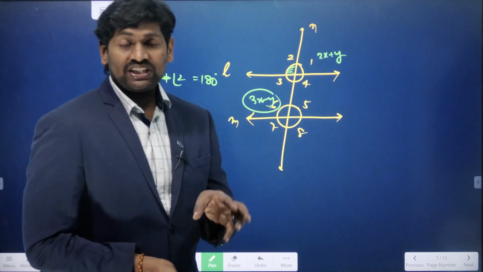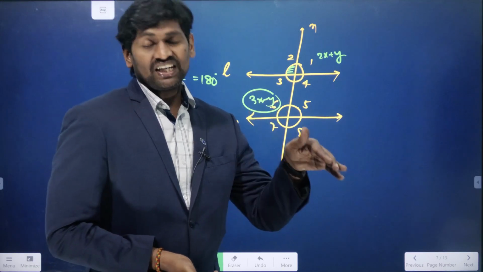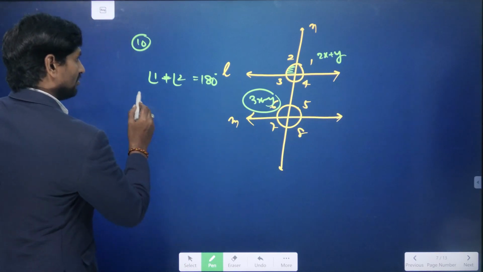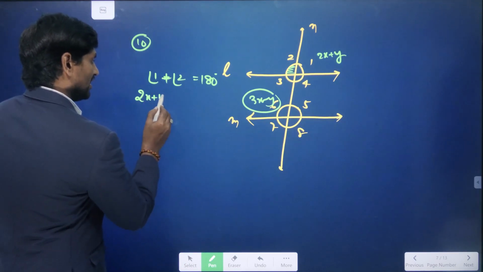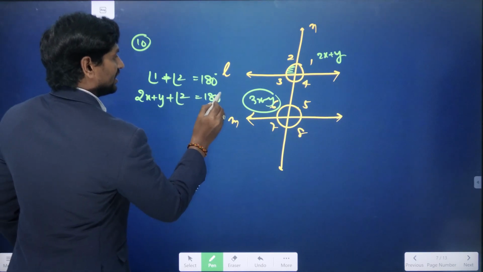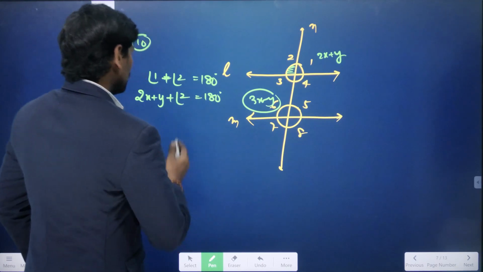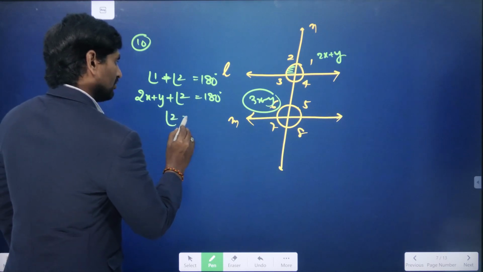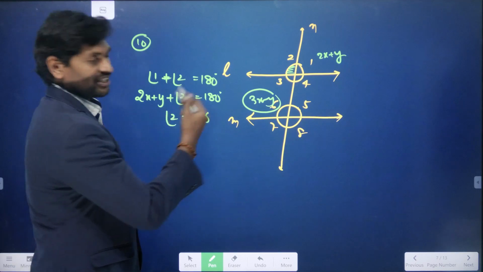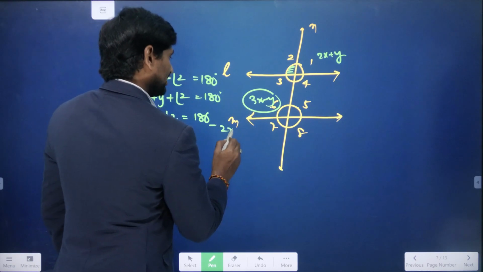A pair of adjacent angles on a straight line gives 180 degrees. But angle 1 we know is 2x plus y. We don't know angle 2, so the sum is 180 degrees.